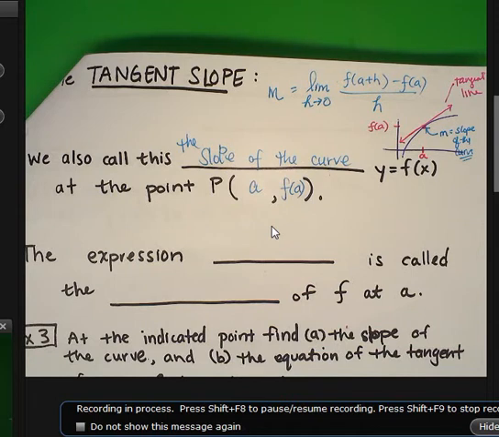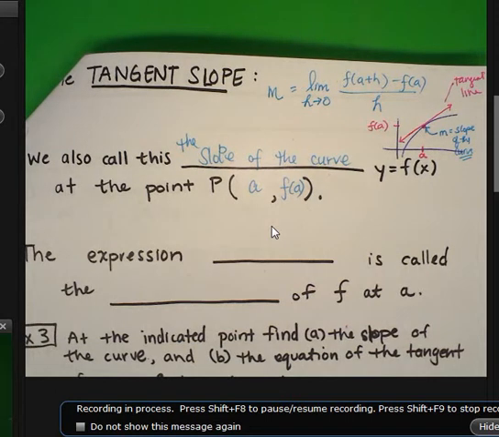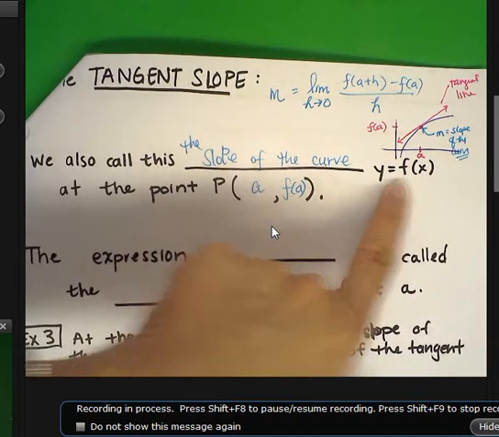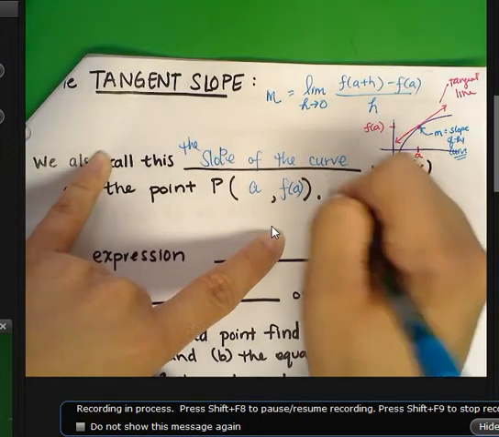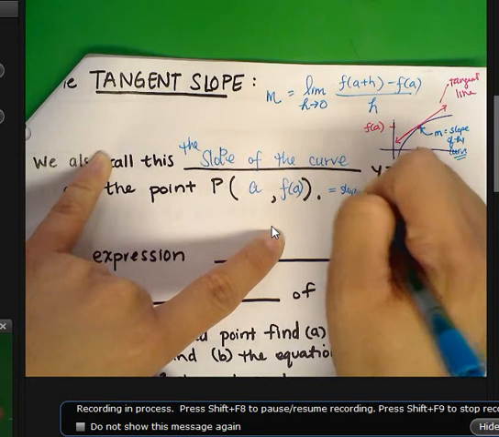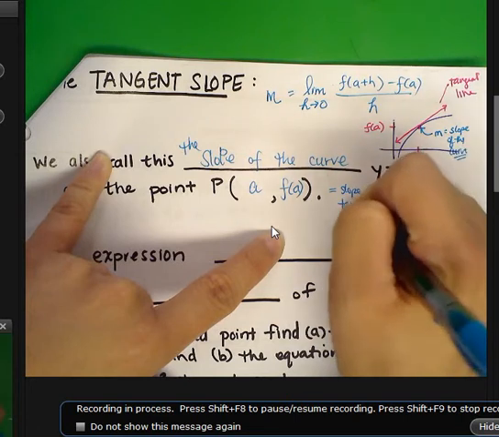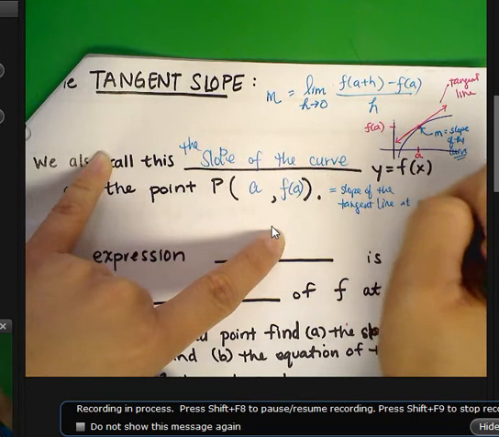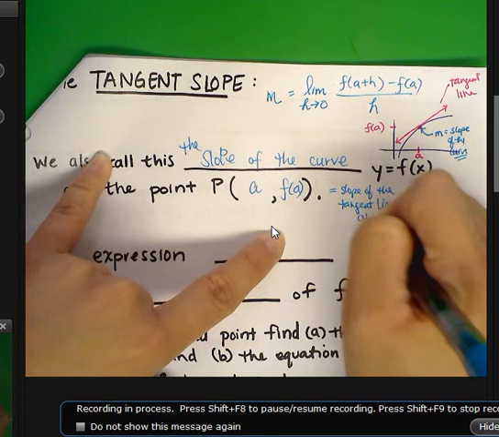Does that make sense? So, to reiterate one more time, the slope of the curve of a function at a point is basically equal to the slope of the tangent line to the curve at that point.